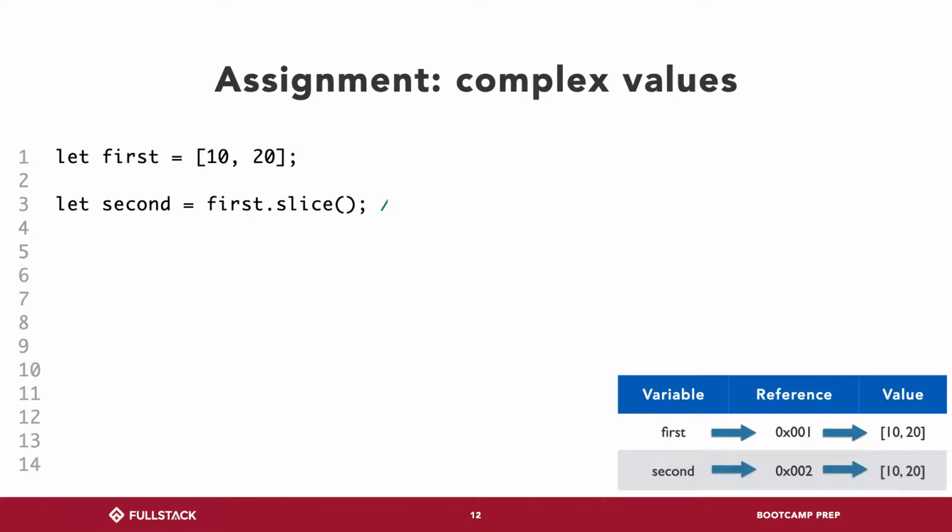This returns an actual copy of everything inside that in a different array. Slice goes into the array, and if you don't pass anything into it, it starts at the 0th index, copies every single value, and returns something else. So second is now referencing an entirely different array.